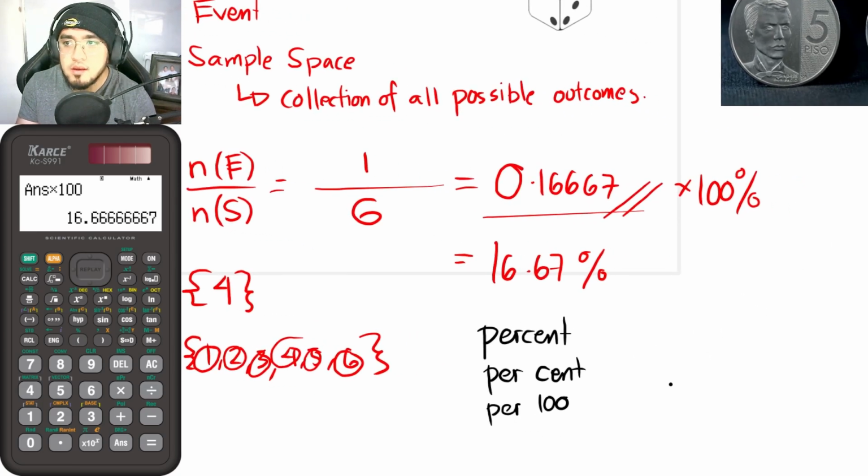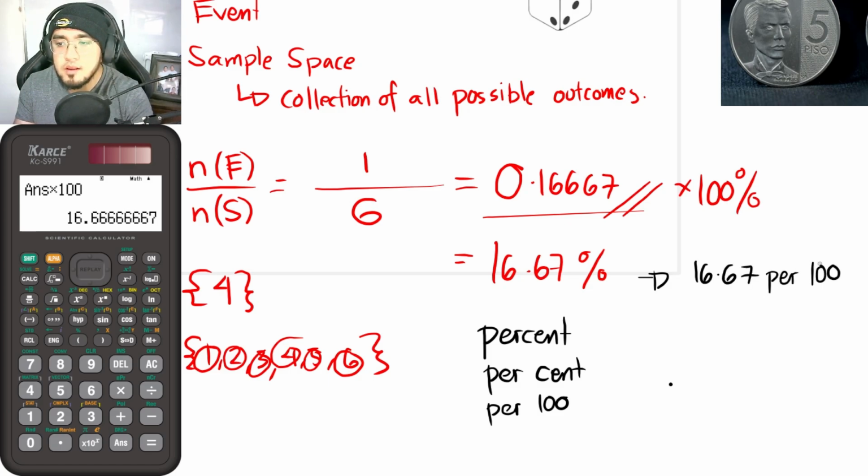So for a rate of 16.67%, this means that this is basically 16.67 per 100. So with that being said, our ratio of 1 over 6 means that there is actually a possibility of 16.67 events per 100 sample spaces.